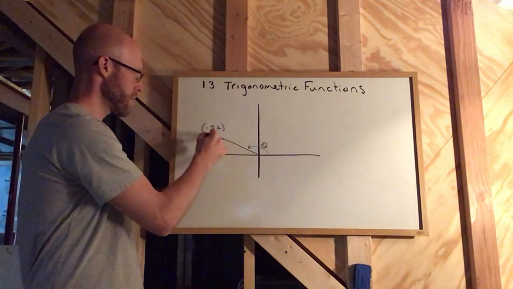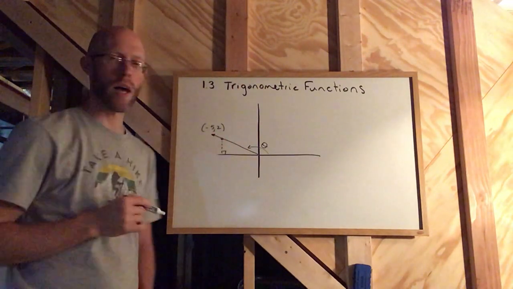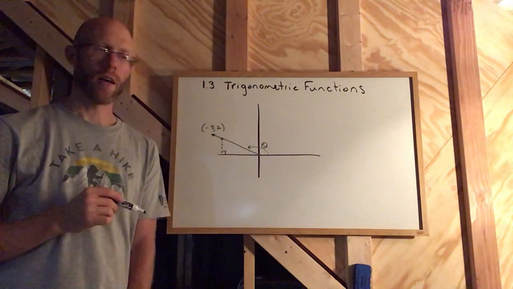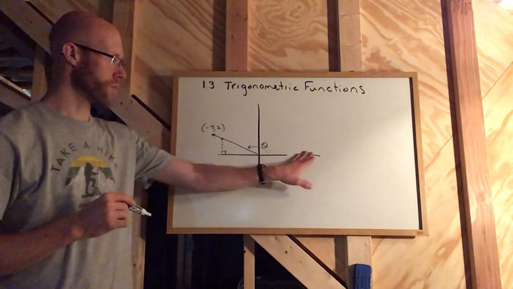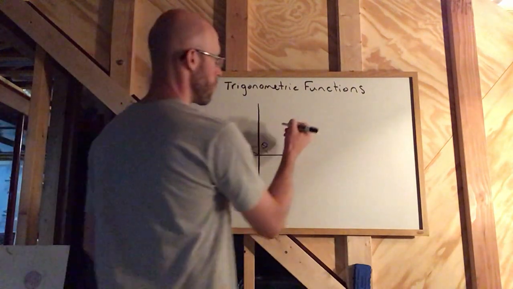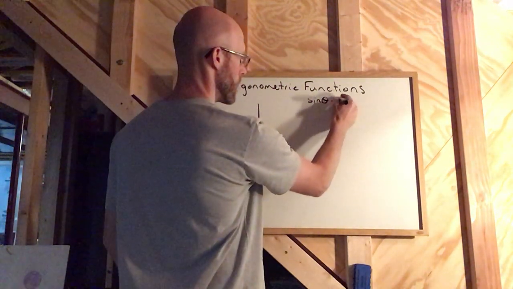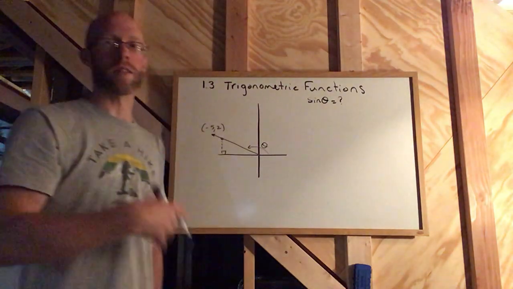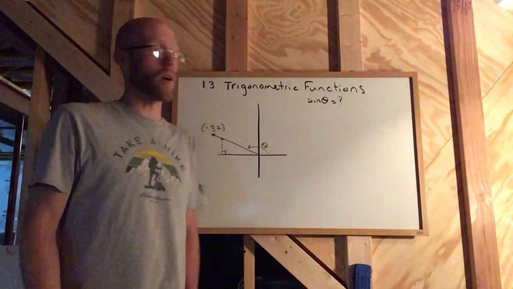But I can again drop down my perpendicular line, and what I'm curious to know are what the 6 trig functions are. Okay, so I want to know what is the sine of theta, and the cosine of theta, and the tangent of theta, and the secant, and the cosecant, and the cotangent. Okay, I want to know what those are.